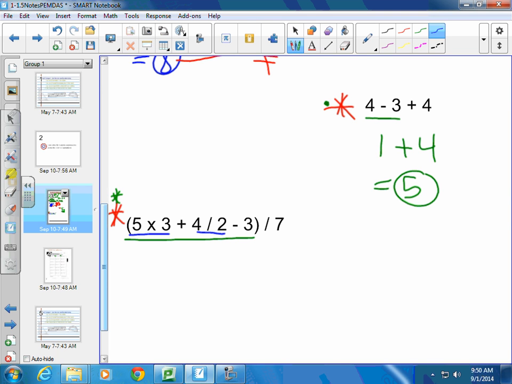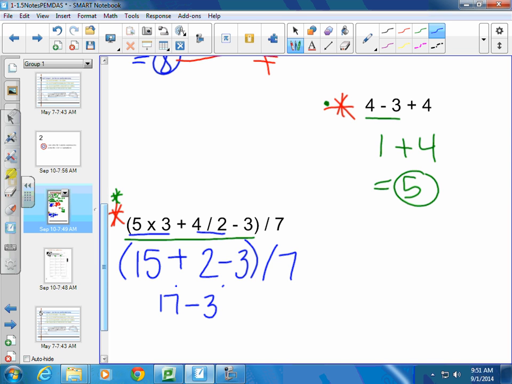So I'm going to solve those right away. 15 and 2. I'm going to bring my addition down. I'm going to bring the rest of the expression down and then go to the next step. So now looking in my parentheses again, now I just have addition and subtraction left, and we solve left to right. So I know that 15 plus 2 is 17.